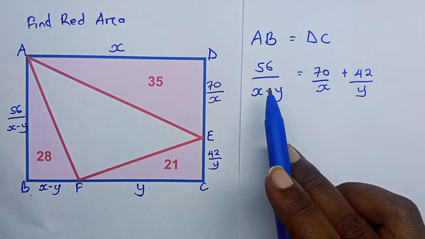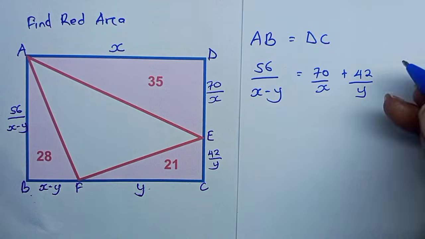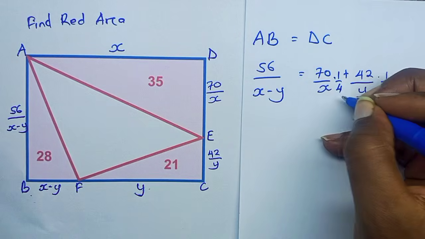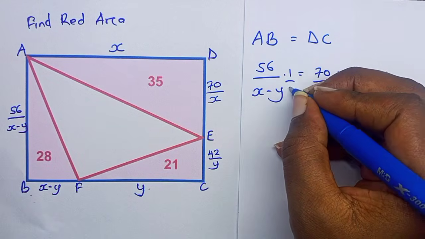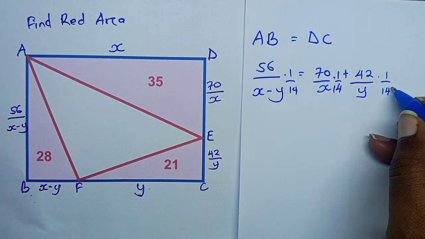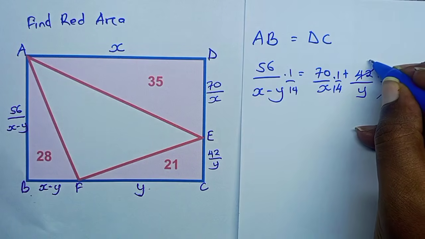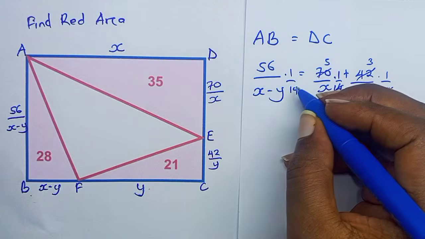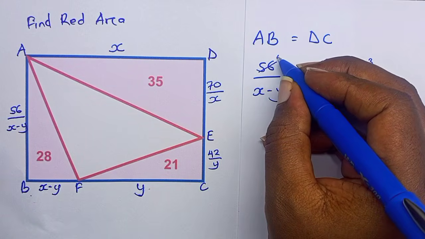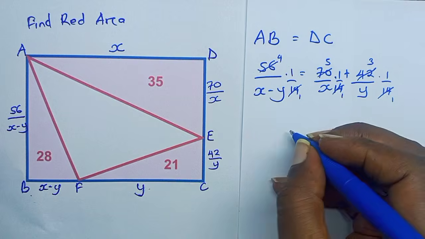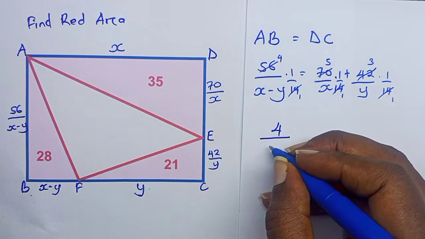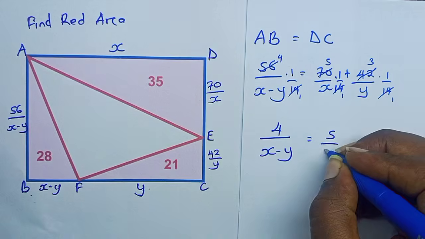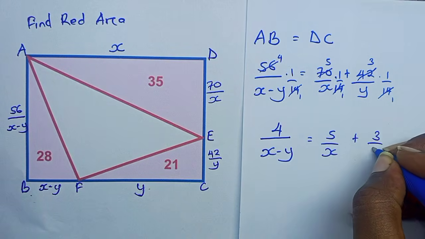The largest number that can reduce all of them is 14. So you're going to multiply by 1 over 14 on all of them. So 14 goes into 42 3 times, 14 goes into 70 5 times, 14 goes into 56 4 times. So we shall have 4 over x minus y being equal to 5 over x plus 3 over y.